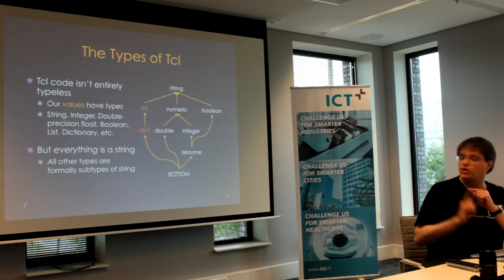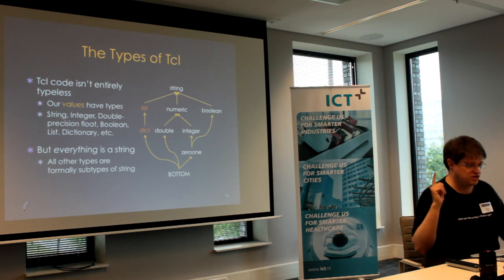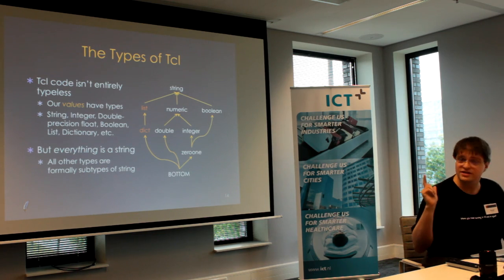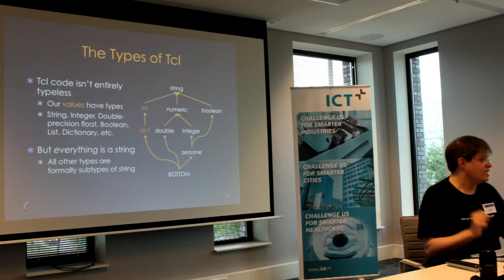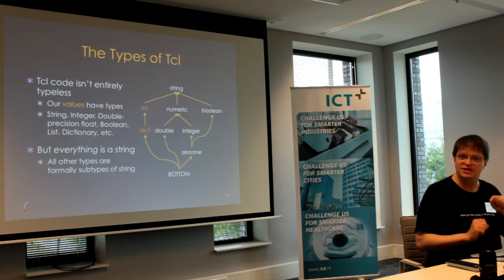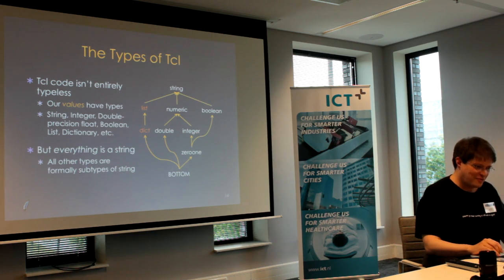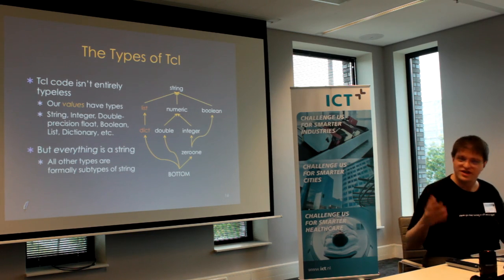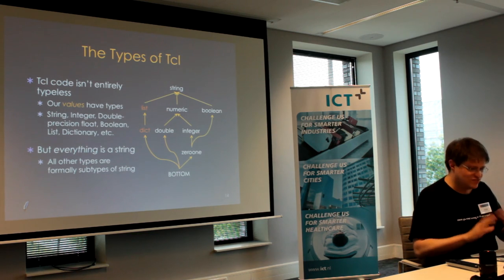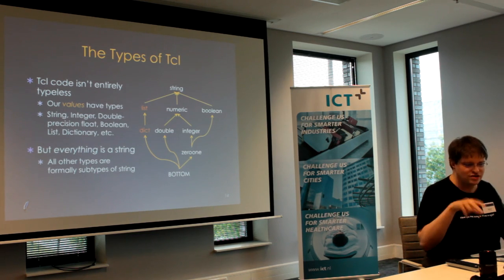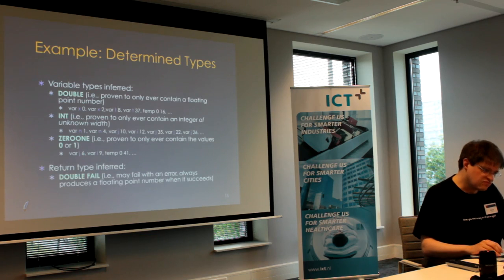We've done quite a bit of work on deducing what the actual types are in TclQ. Everything is still a string, but that's because string is at the top of the type hierarchy. All booleans are still strings, but if we know it's really a boolean, we can use a more efficient internal representation.